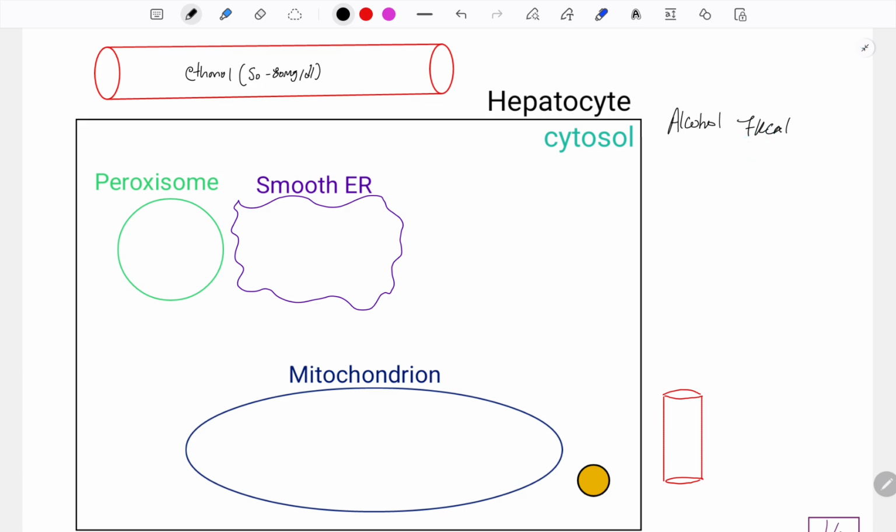But it gives you about 7 kilocalories, so it is pretty filling. You guys know that fat gives you about 9 kilocalories, and carbohydrates give you about 4 kilocalories. We'll have a video on this when we talk about energy balance, probably the next video.